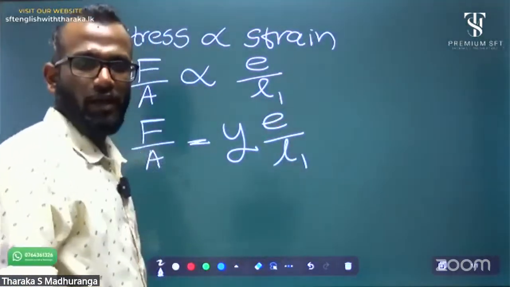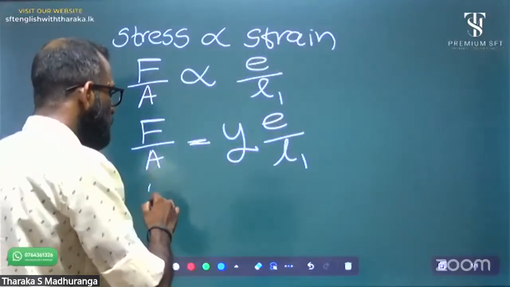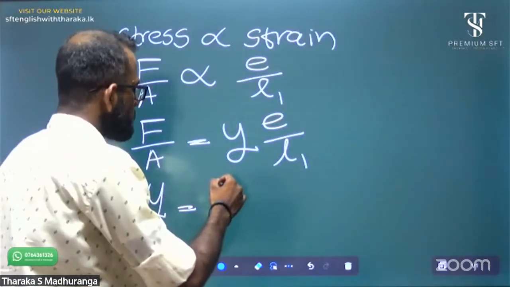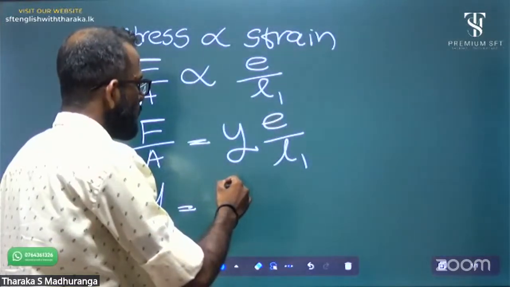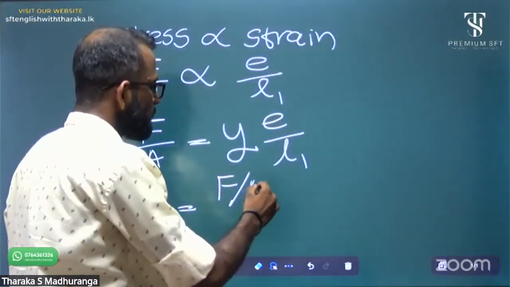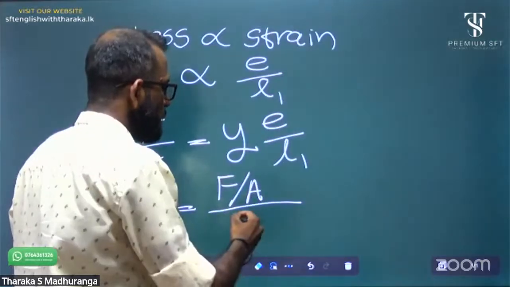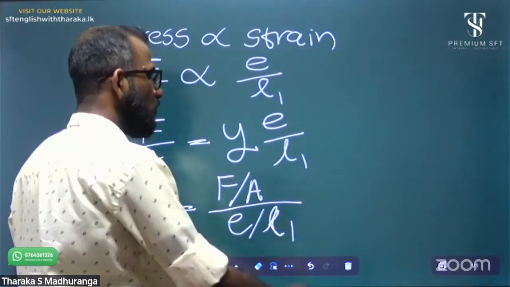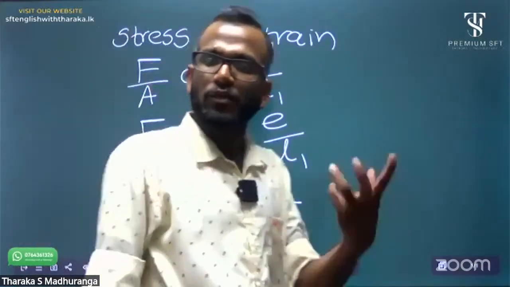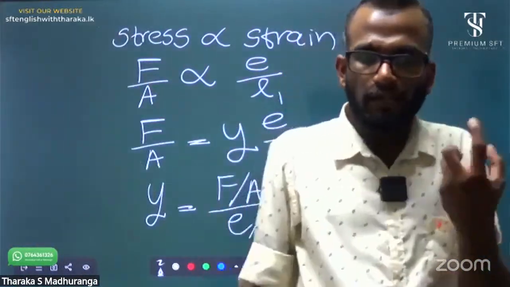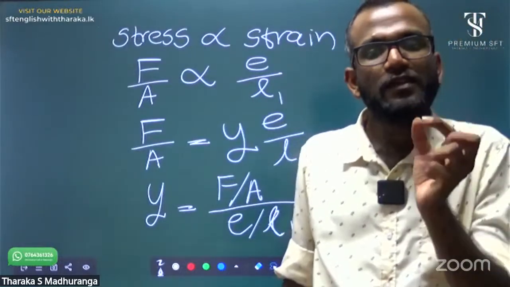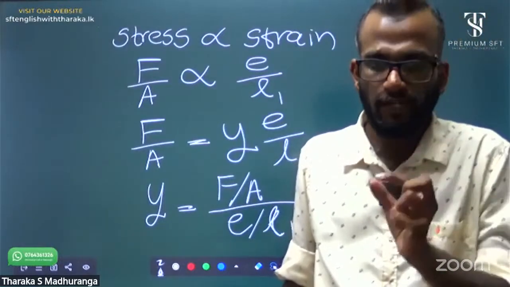I told last week, if I isolate this Young's modulus, it is F over A, that means stress, over strain, e over L1. That's why I told you the Young's modulus of any material equals the ratio between stress and strain.